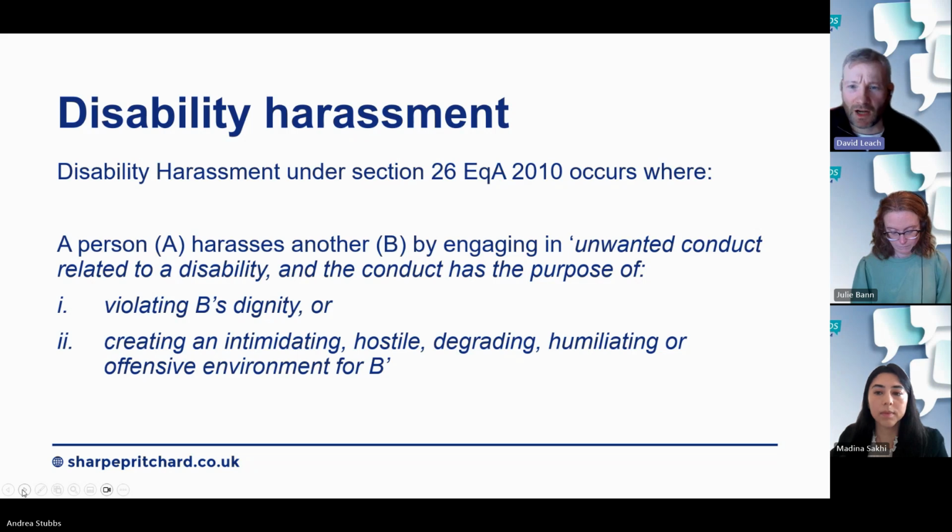And there is that conduct where it violates that person's dignity, or it creates a hostile and degrading environment in general. So it can be both, and this is where you sometimes see the indirect harassment claims, I think is the best way of putting them. So two people are having a conversation in the office, the lovely phrase of they're having banter together.